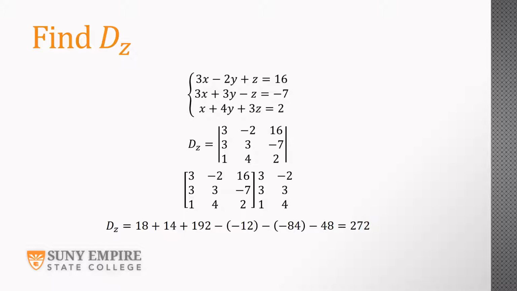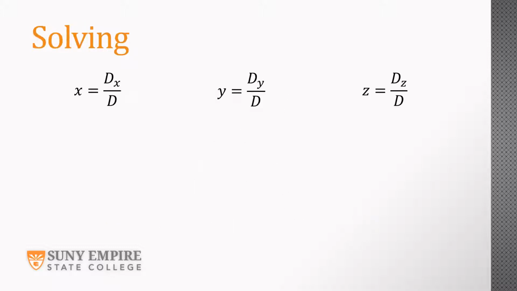Finding the diagonal products, we have 18 plus 14 plus 192 minus 12 minus -84 minus 48. This gives us the determinant equal to 272.